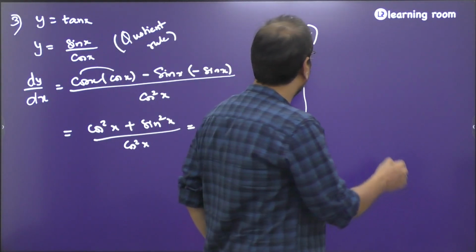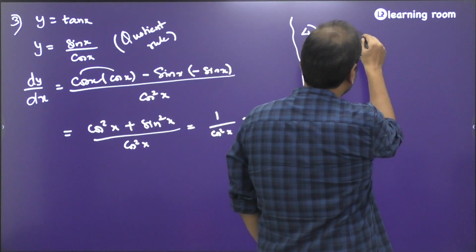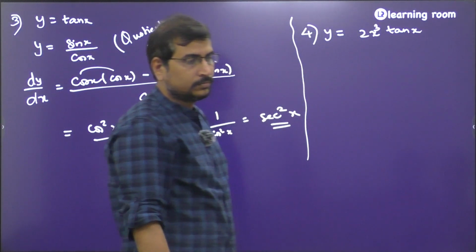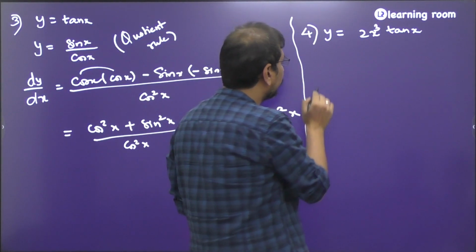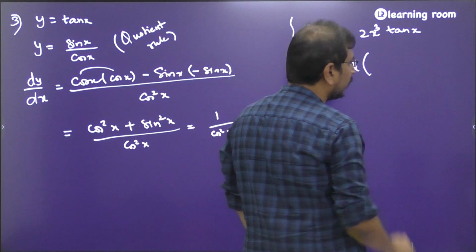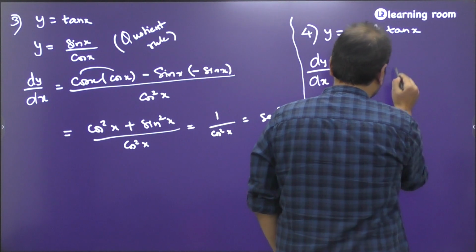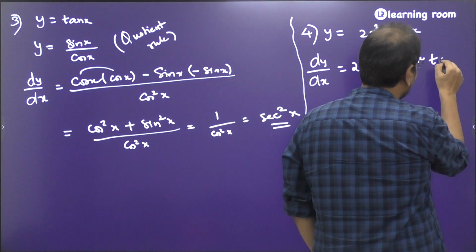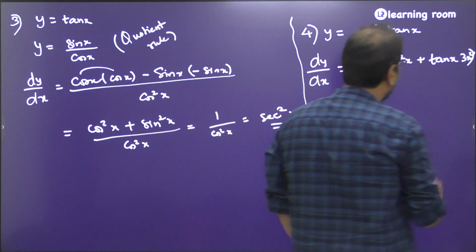So the next one is y is equal to 2x cube into tan x. Now since you know the formula, here you can use secant square x. So dy by dx is equal to, 2 is a constant, I will not disturb it, x cube into derivative of tan x, which is secant square x, plus tan x into derivative of x cube, which is 3x square.